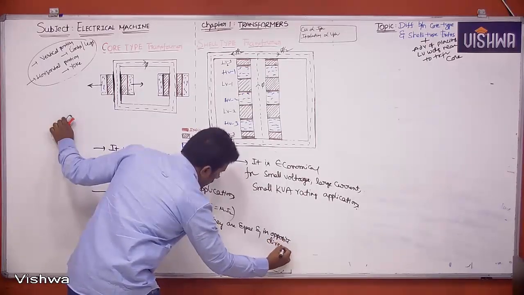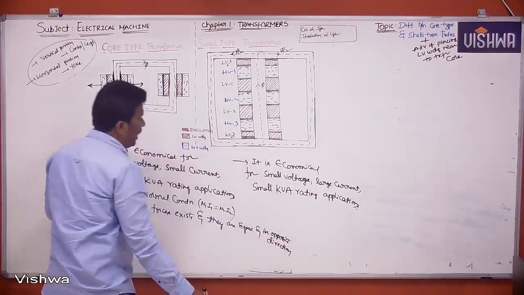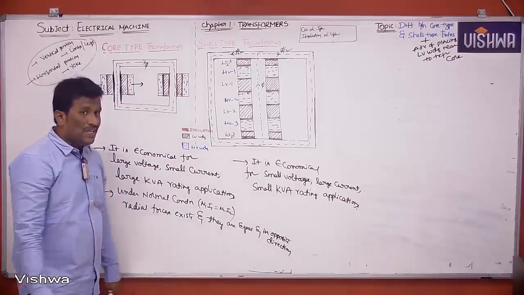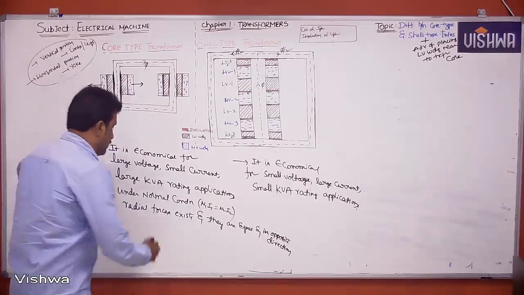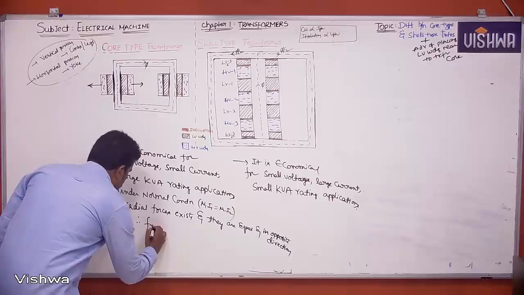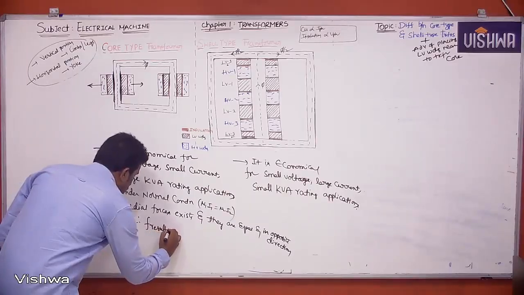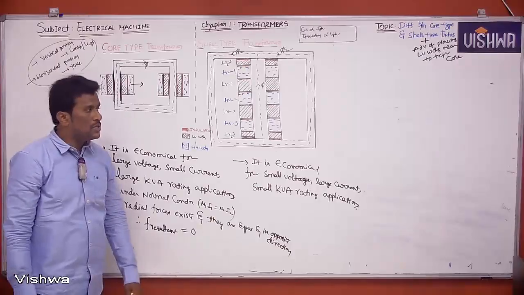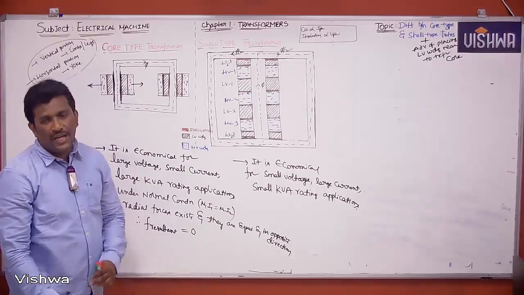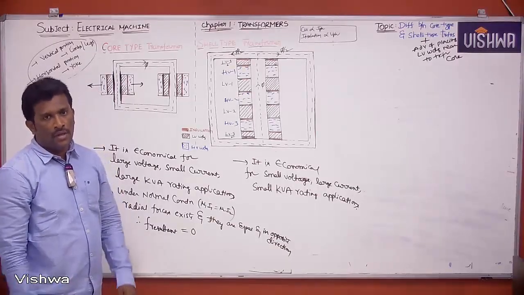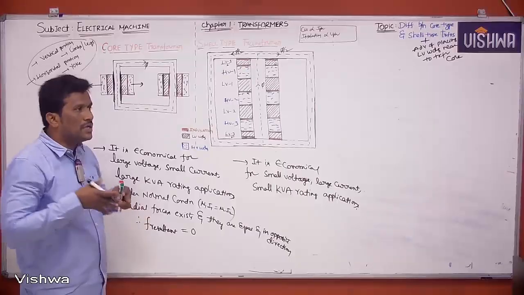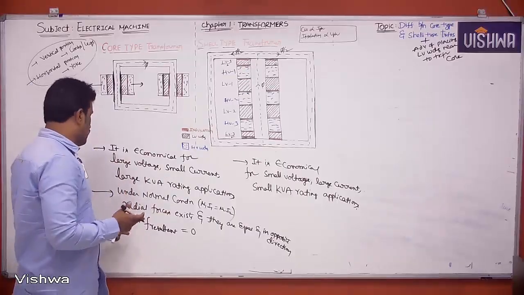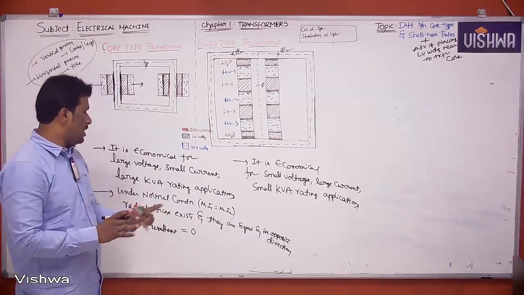If they are equal and in opposite direction, what is the resultant force? Therefore, the resultant force is equal to 0. Whenever resultant force is not there, windings will not shift. If resultant force is there, windings will shift in the resultant force direction. Here resultant force equals 0, so the windings will not shift.